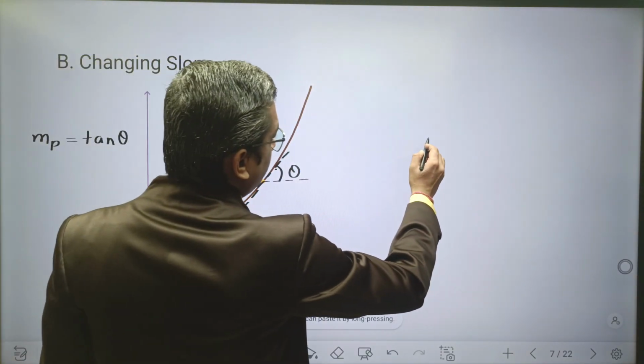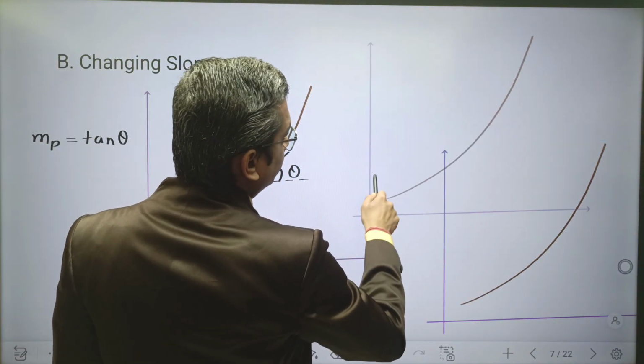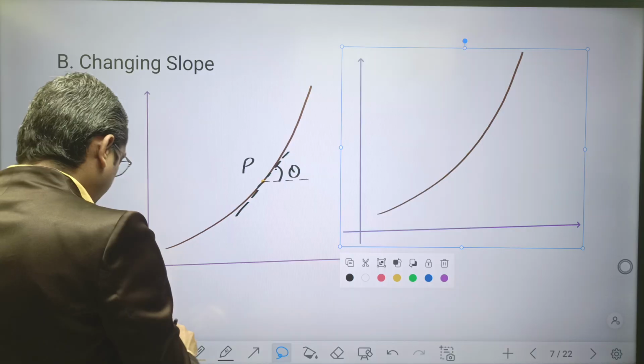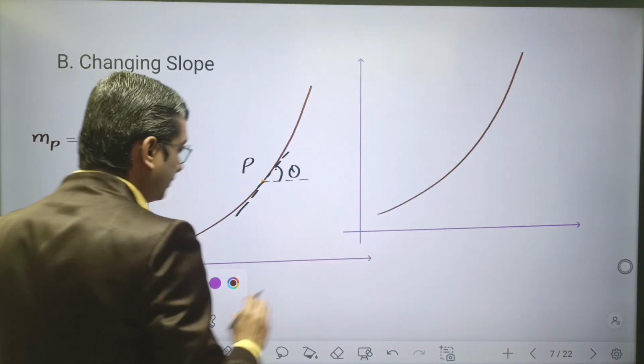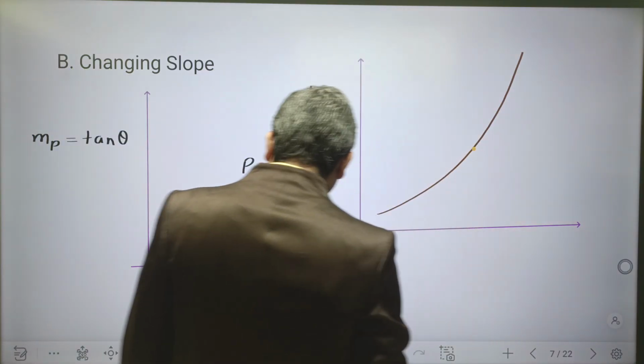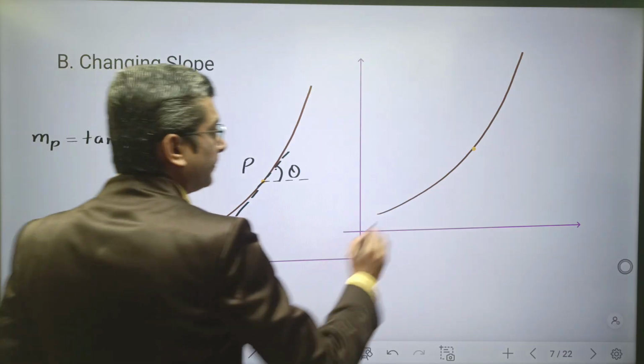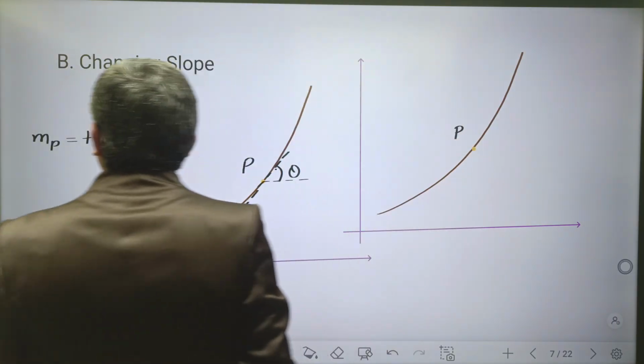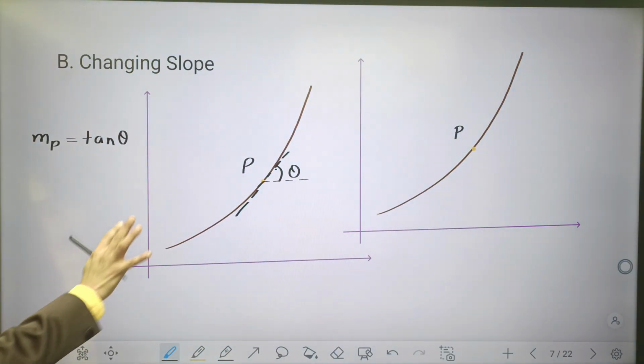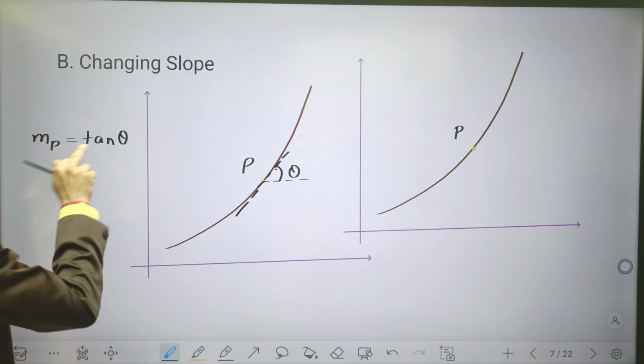So let us draw the same figure. Again I am taking a point P here, where we need to find the slope. Dear students, first of all we have marked the angle theta and the slope is given by tan theta.